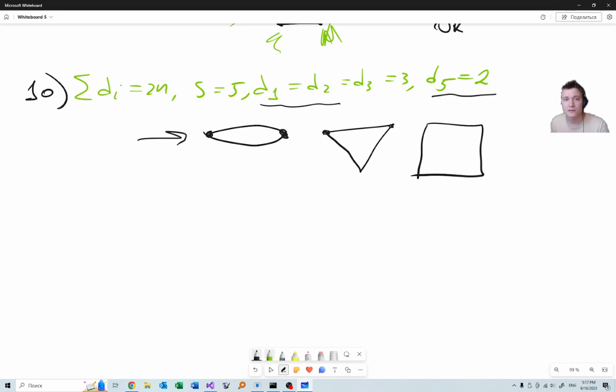Still, the answer is no, this is impossible. Because, for example, this is at least 3, this is at least 3. And there should be somewhere the third vertex of degree 3. For example, it is equal to 3. For example, it is here.